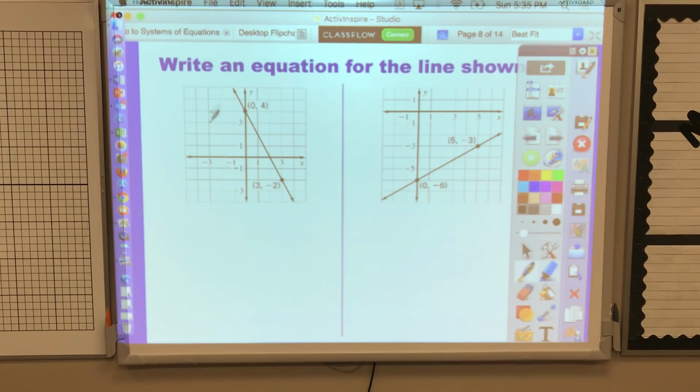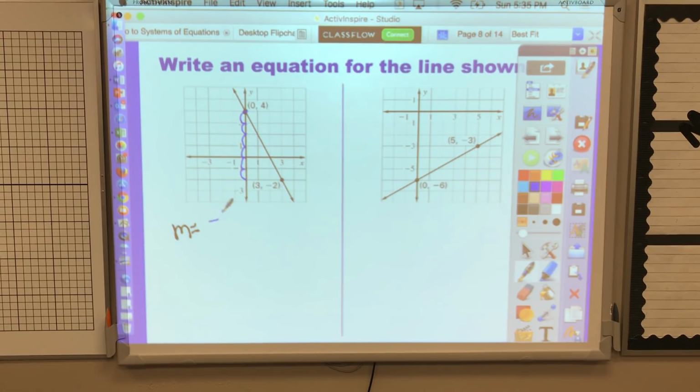This one, they gave me the graph to find my slope, and they gave me the ordered pair for my b. So to find m, rise over run, point on the left. I'm going to change colors here so it's easier to see. Okay, point on the left, we're going down 1, 2, 3, 4, 5, and 6.